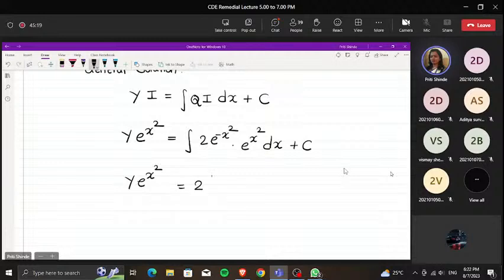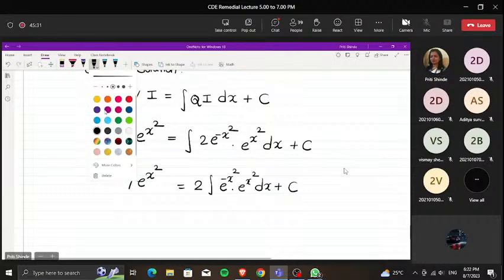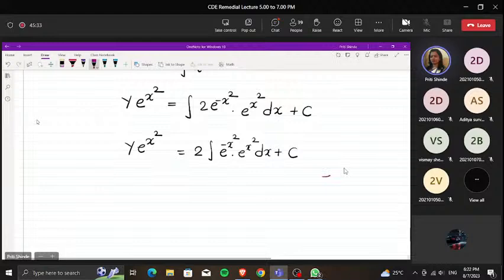2 is a constant. E raised to minus x square into e raised to x square dx plus c. What is e raised to a into e raised to b? Since the base is same, just add your indices, e raised to a plus b. And what is the value of e raised to 0?